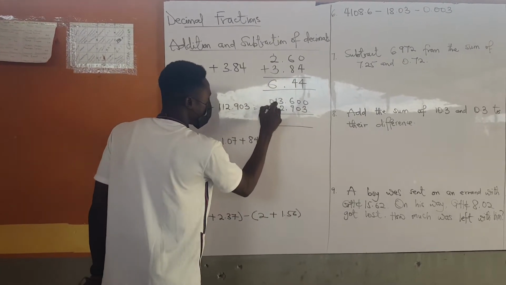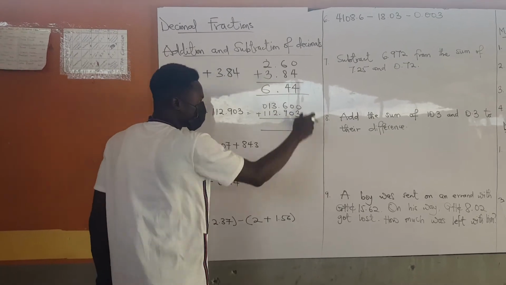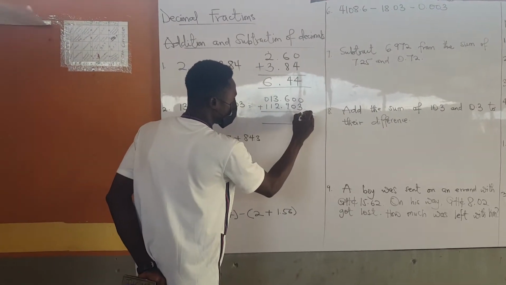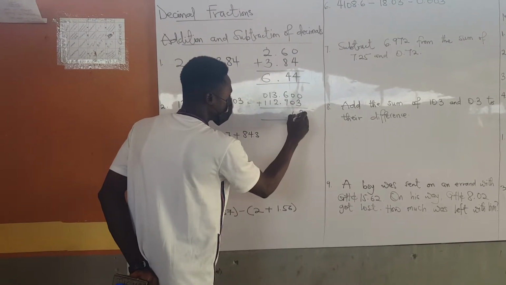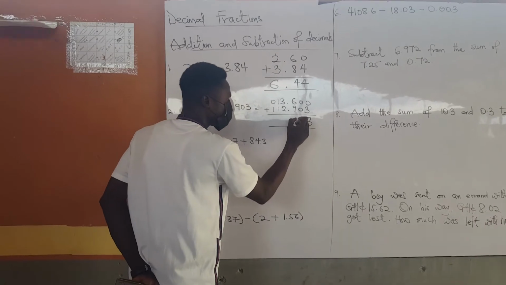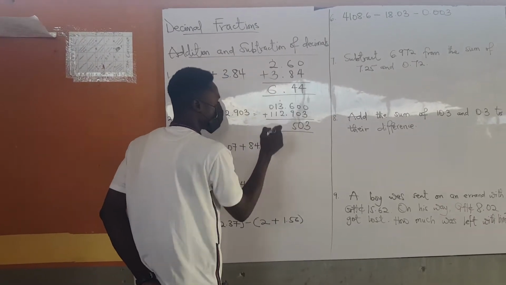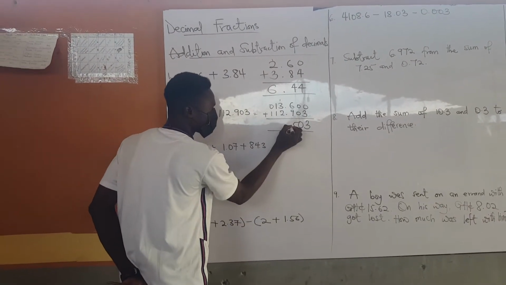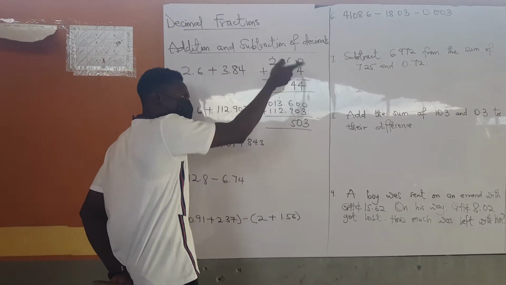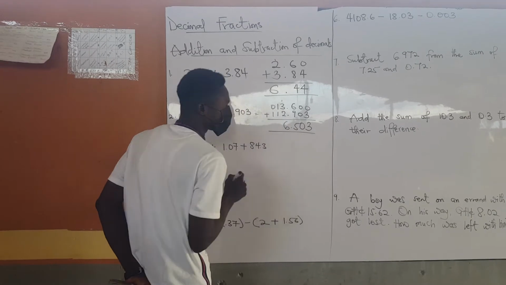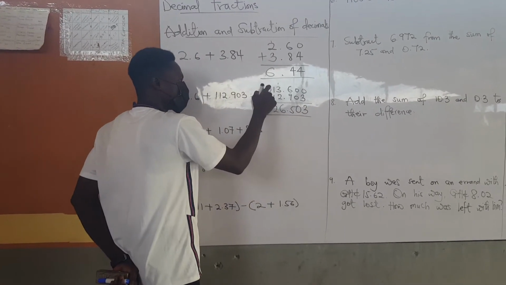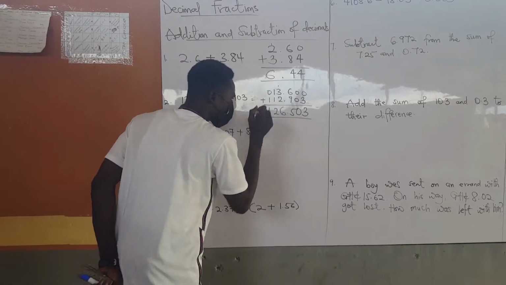What am I doing? I am adding. So I'll just do the addition. This plus 3 is going to give me 3. This is going to give us 0. 6 plus 9 is 15. So 5, remember 1. We bring our point here. 3 plus 2 is 5, plus our remainder is going to be 6. 1 plus 1 will give us 2. 0 plus 1 will give us 1.